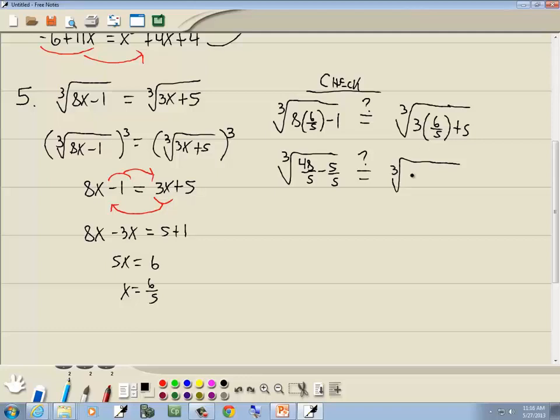And this one, 3 times 6 is 18, so I got 18 over 5 plus 25 over 5. Well, 48 minus 5 is 43 over 5. And 18 plus 25 is 43 over 5. So it checks. So this is our answer.